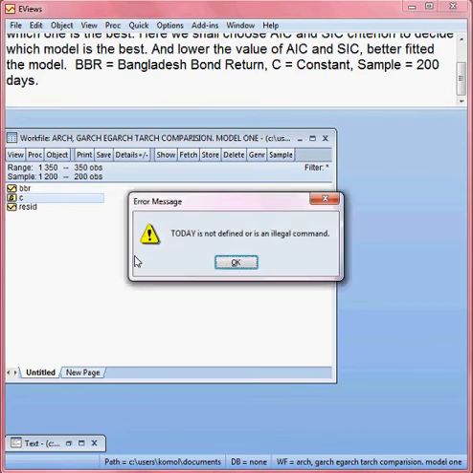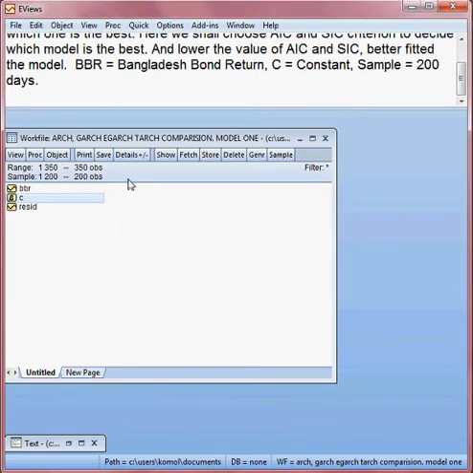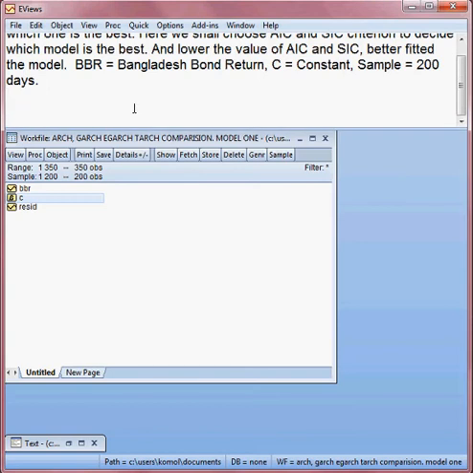The first model, okay, at the very beginning we assume that our variable, BBR, is stationary.